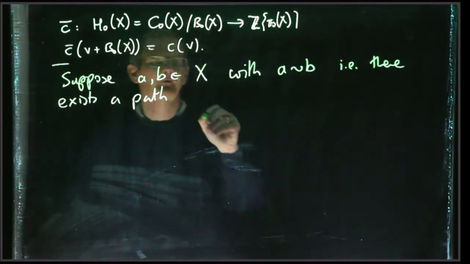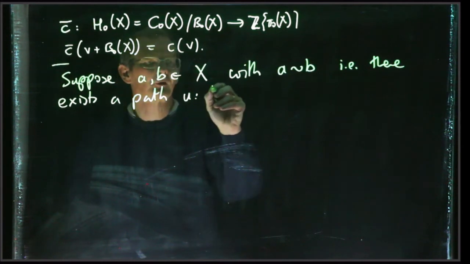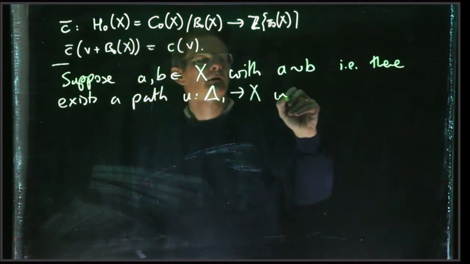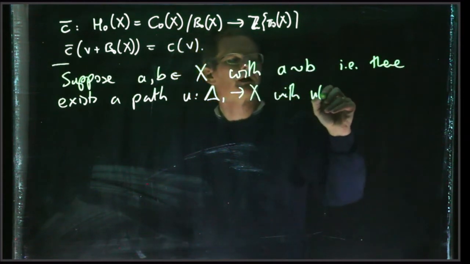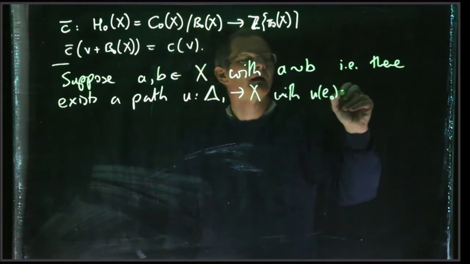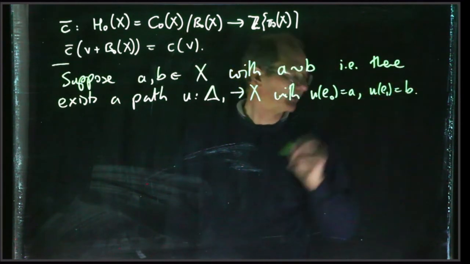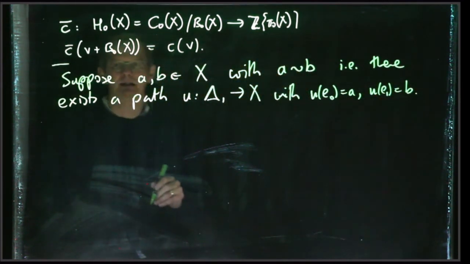It means that there's just a path U from the unit interval, which we're going to identify with delta 1, to X, with U of E0 equal to A and U of E1 equal to B. So the endpoints of the path are A and B.